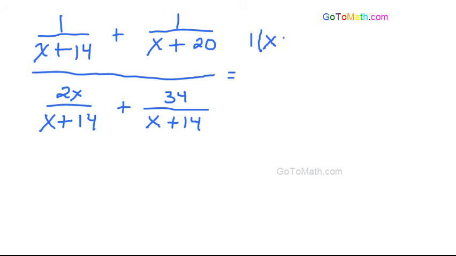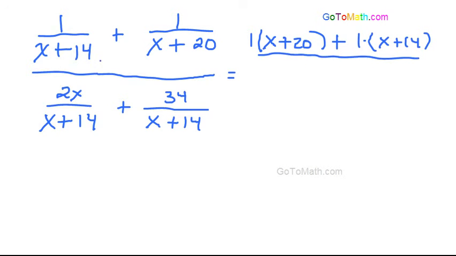We'll just say 1 times x plus 20 plus 1 times x plus 14, and that's going to be all over x plus 14 times x plus 20.